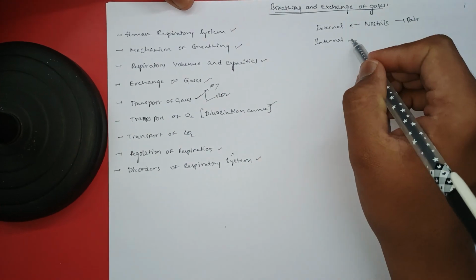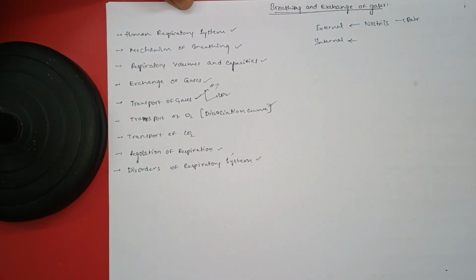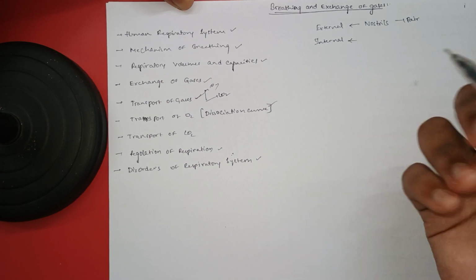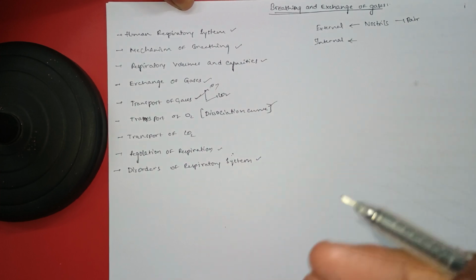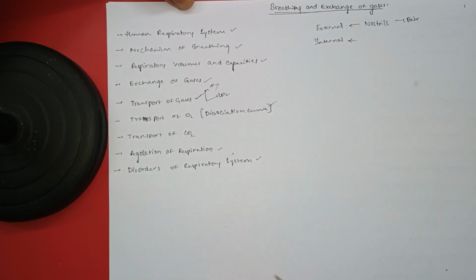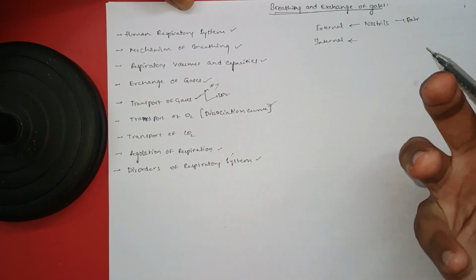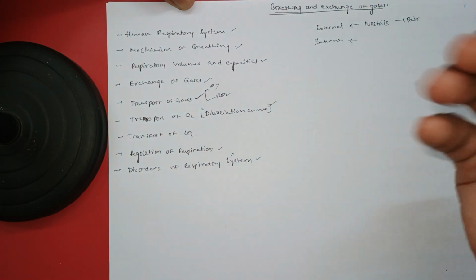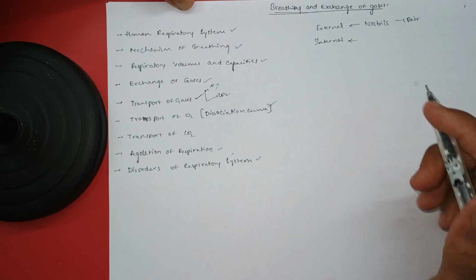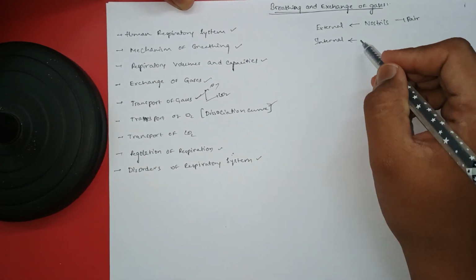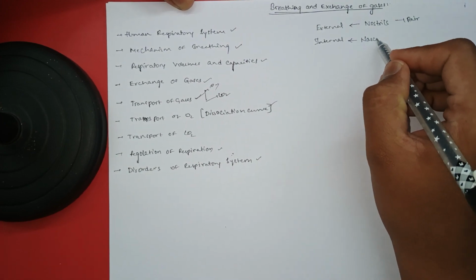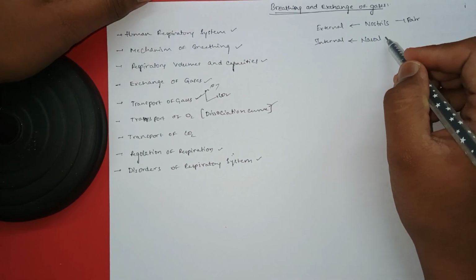And what are the internal organs? Internal starts from your nasal chamber. After that, it goes to your pharynx. After that, larynx. After that, trachea. After that, your bronchi. After that, bronchioles. So internal organs include the nasal cavity or nasal chamber, both are the same.